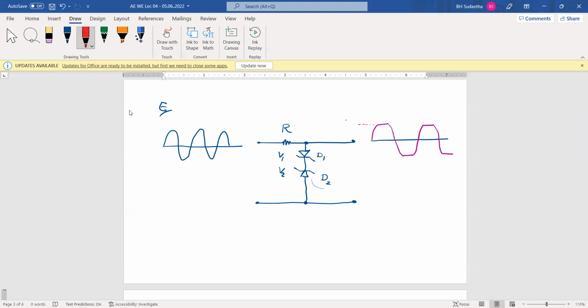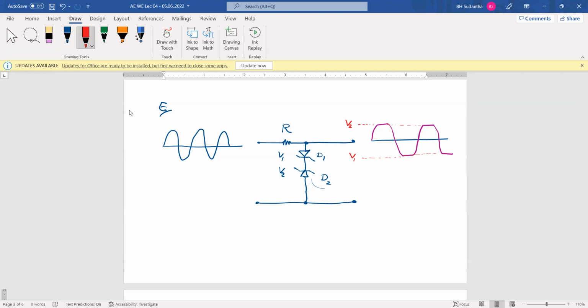Okay, then this is V2. This is V1. Due to the D2 diode, when the D2 diode is reverse biased, the positive half cycle will be clipped.